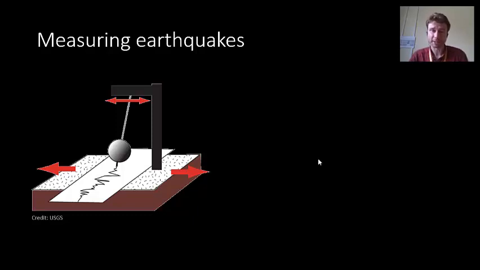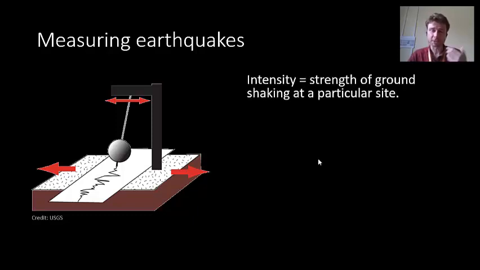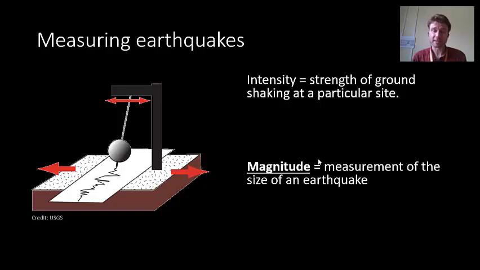So looking at this release of energy, let's talk about it a bit further on how to measure these earthquakes. We talked in our first session about intensity, which is the strength of shaking at a particular site. But again, for measuring and comparing earthquakes, because that intensity is variable, it's not our best data point we can look towards. Instead, what scientists use is the measurement of magnitude.